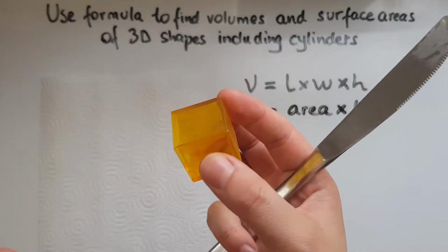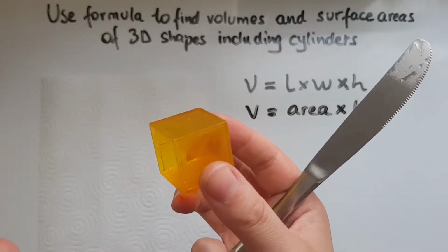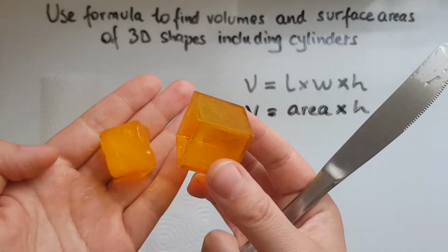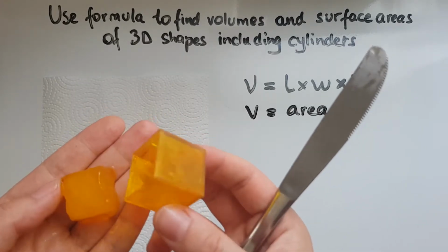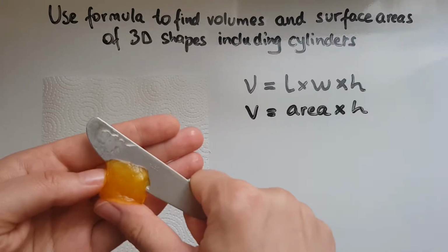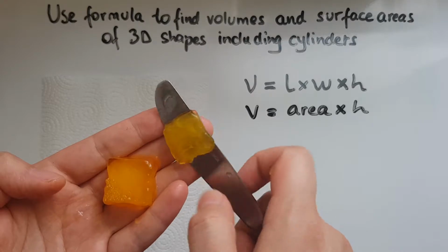So I've got a cube here, and as we know, volume is about how much you can put in or how much space it takes. So I've put in some jelly inside and I've just got it out. So if I cut off the top bit, I can make this into a 2D shape.